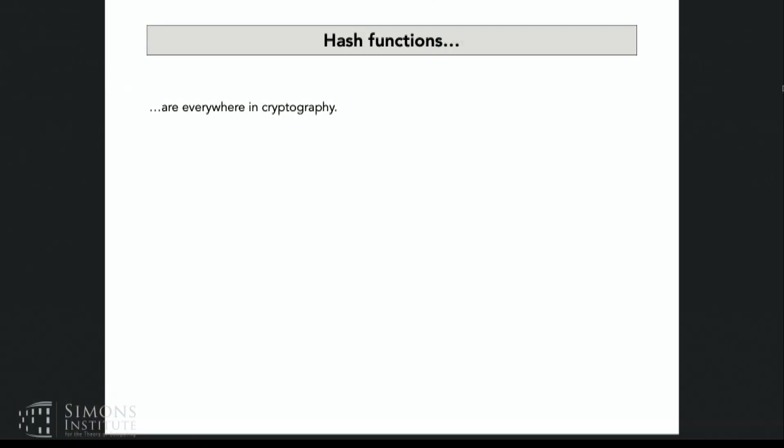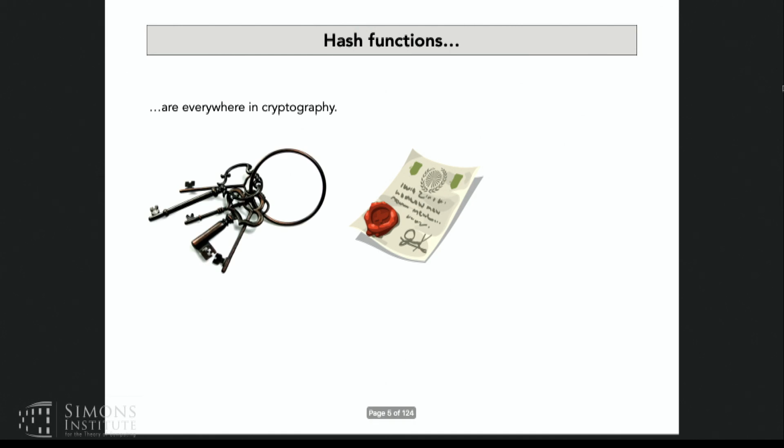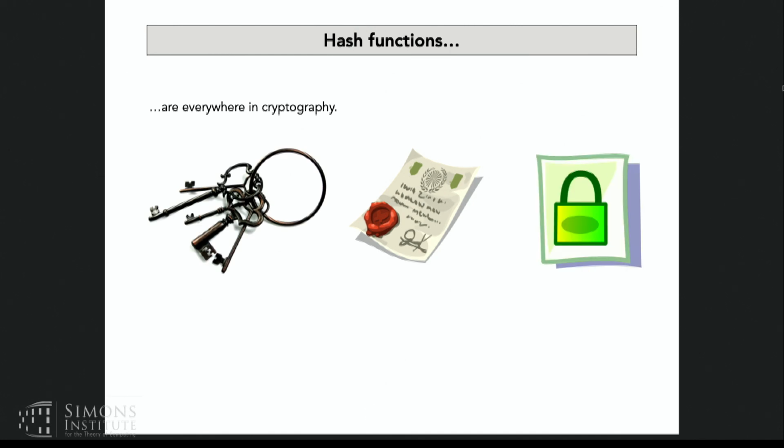So probably most of you know that hash functions are essentially everywhere in cryptography. Whether it's digital signatures, key establishment, or public key encryption, basically all of these important functionalities are constructed using hash functions.